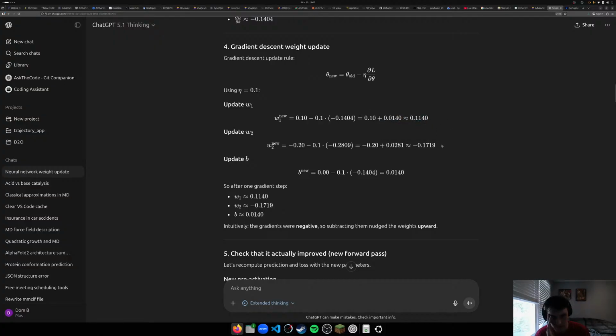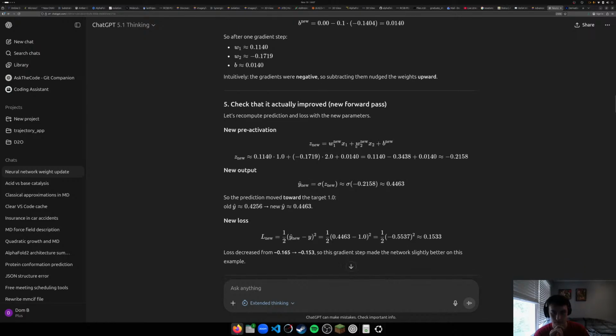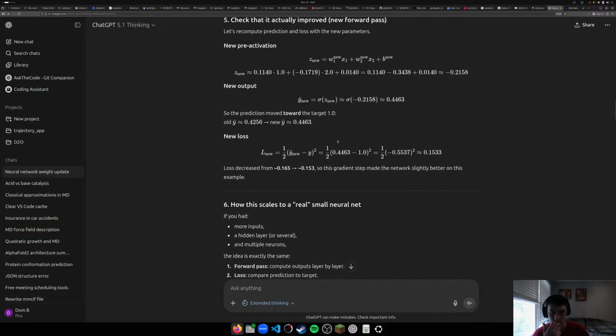So is this the nudge that we're doing? Or is this the result? Oh no, it's the new. These are the new weights. All right, it's coming to me, I think.